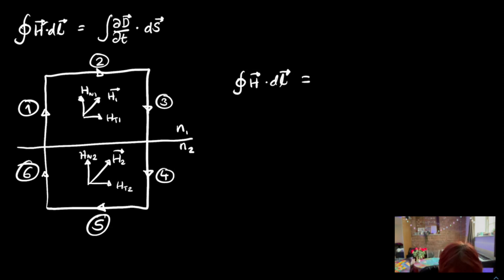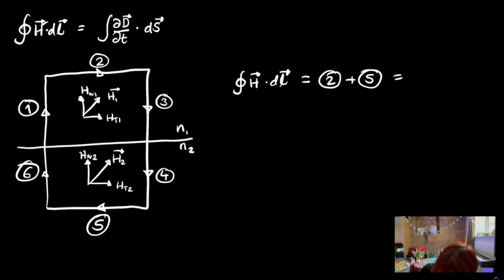So we're going to find that 1 and 3 cancel out, and we're going to find that 4 and 6 cancel out for the exact same reasons, because they're essentially anti-parallel with each other. And so we find that we only get the second part and the fifth part that actually contribute anything, which is the 2 tangential components of the H field.